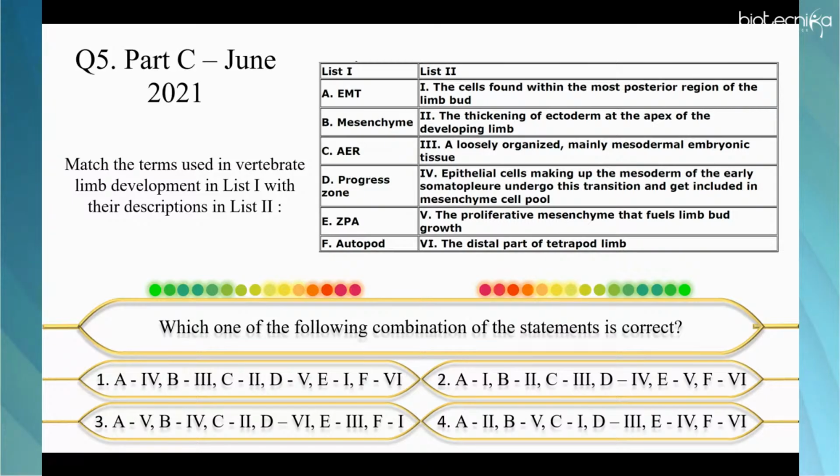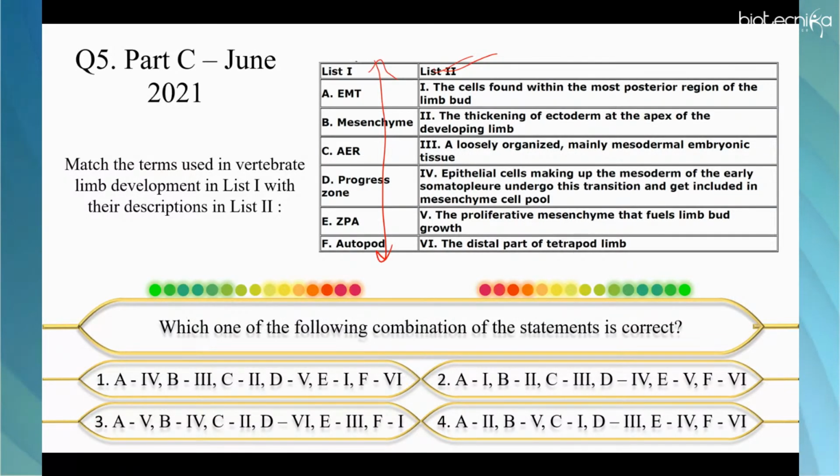Try to answer. See, you have this list of the components which you will find in limb development, and these are the explanations of what exactly those are. So this is very easy. You know, in match the following, if you know confidently at least one or two matches, the rest of them will not be much difficult for you.